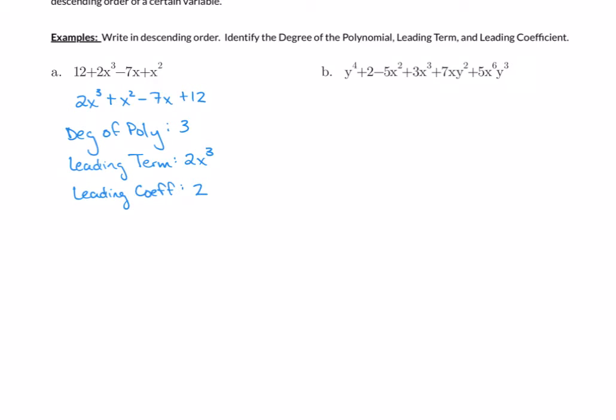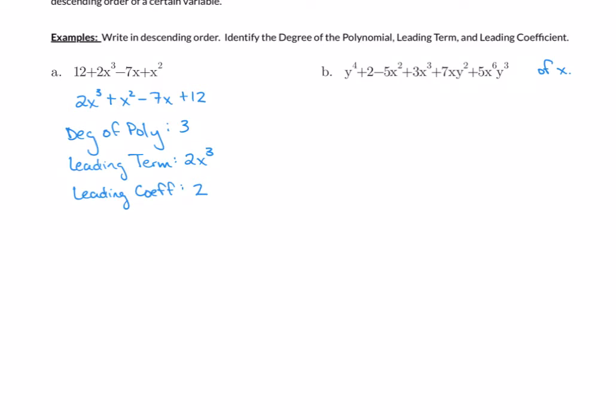Okay, let's go ahead and look at example B. Example B, we have several variables running around. And so I want to write in descending order of x. I didn't want to put that up at the top just because I didn't have enough room. So let's go ahead and write in descending order of x and see what we get.